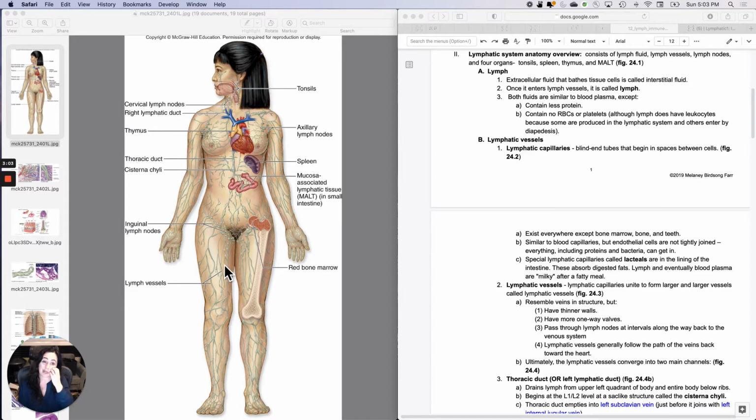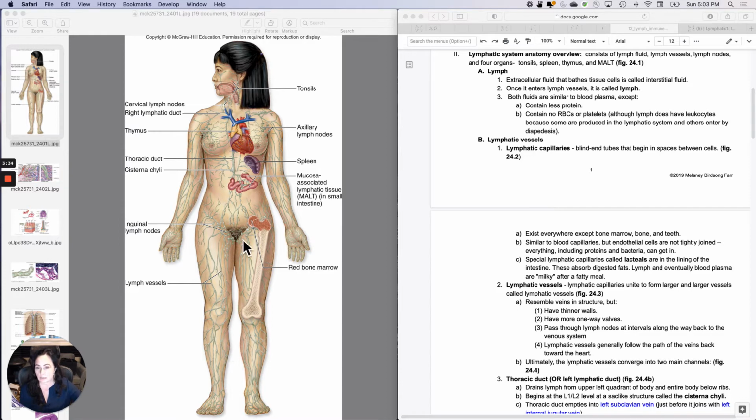What it really is, is like extracellular fluid, kind of like blood plasma, but with less protein, because blood plasma has all kinds of proteins in it. And it doesn't have any red blood cells or platelets in it, but it does have white blood cells, leukocytes. So it's definitely got white blood cells, no red blood cells to speak of, and no platelets to speak of, and very little protein, except for antibodies or proteins. Okay, so that's what lymph is.